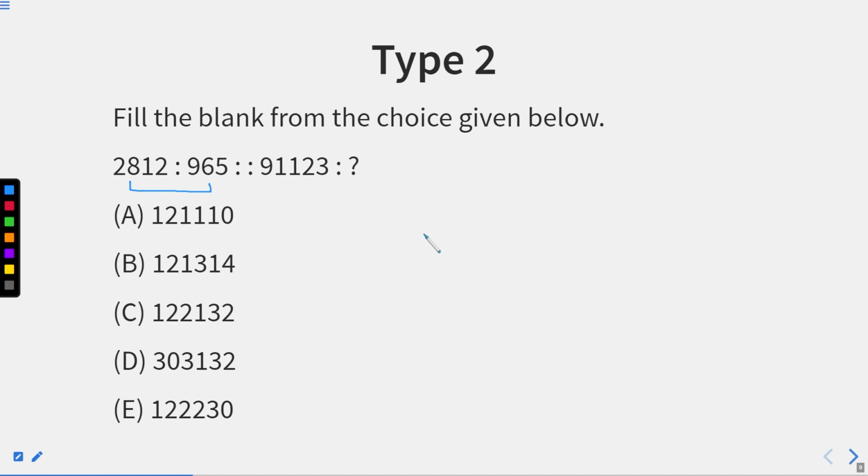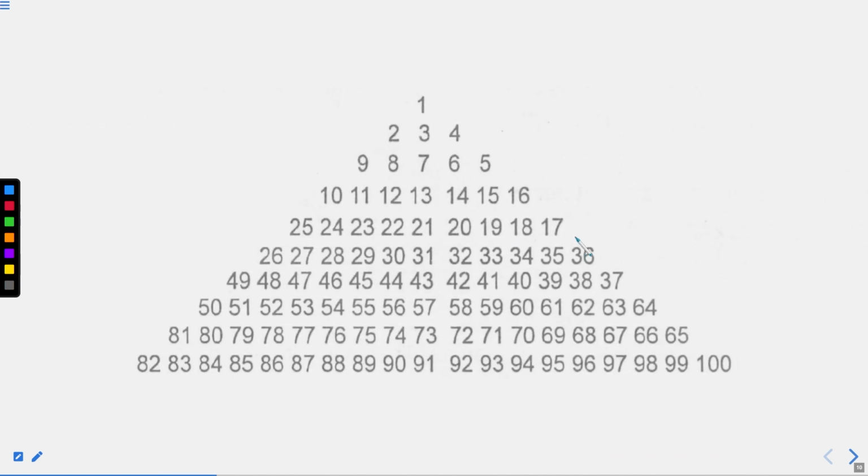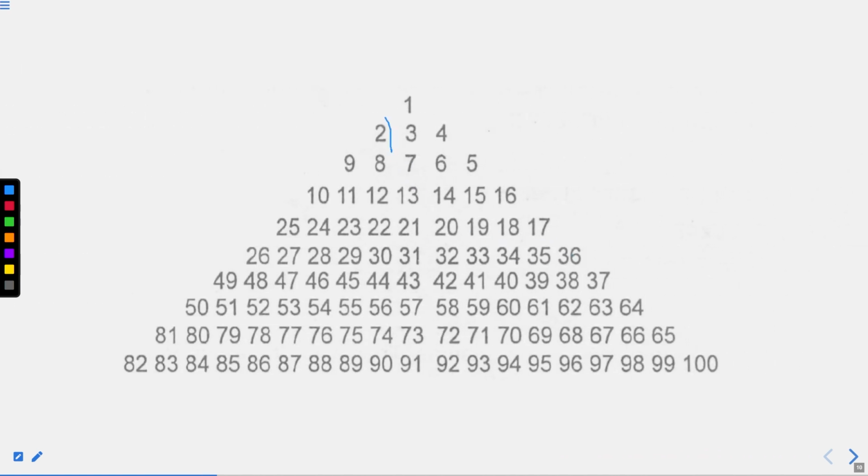So first, we will write this question, that is 2812. This is the first number. This is converted into 965. Remember the number 2812, which is converted into 965. So what is the number? 2812.